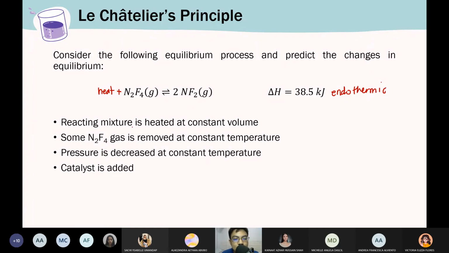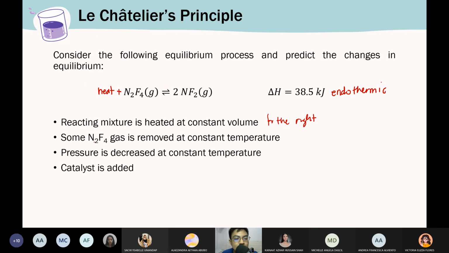So reacting mixture is heated. So by increasing the temperature, you increase your reactant, which will push the reaction to the right side. Kasi by increasing the heat, since yung heat mo nasa reactant side kasi siya ay endothermic reaction, you push the reaction to the right.